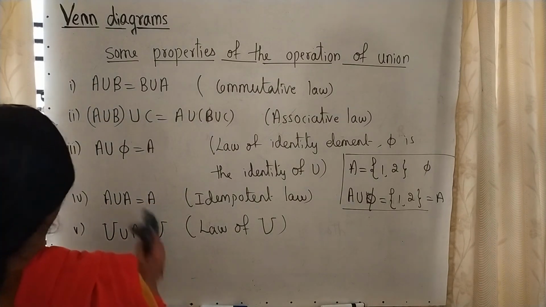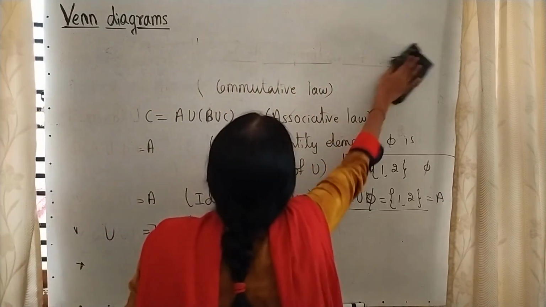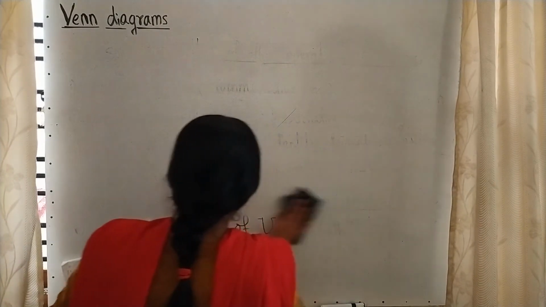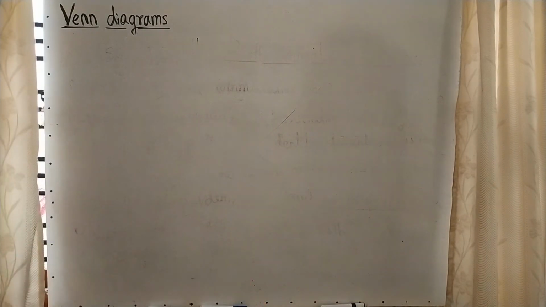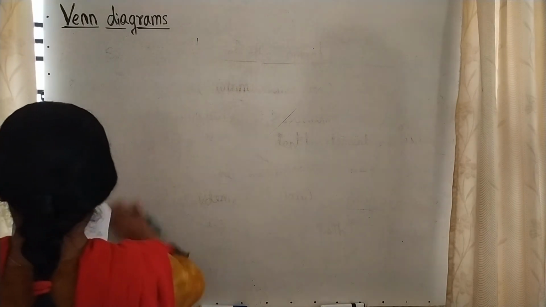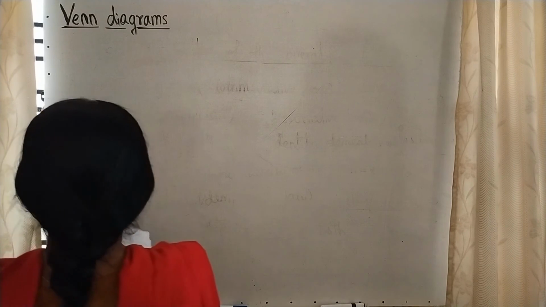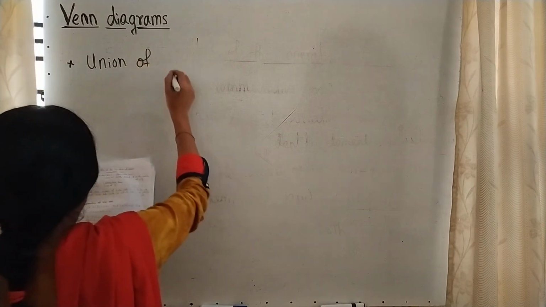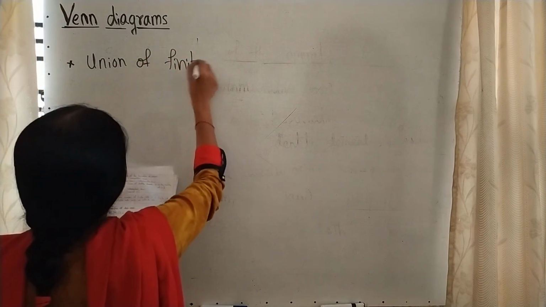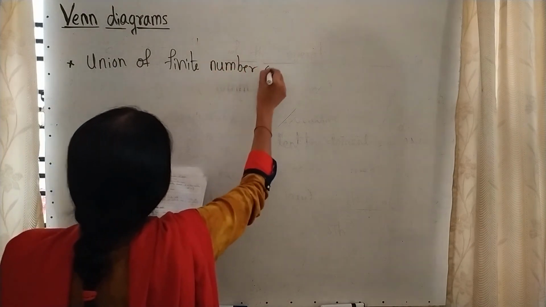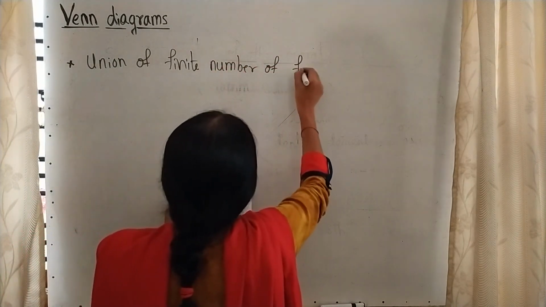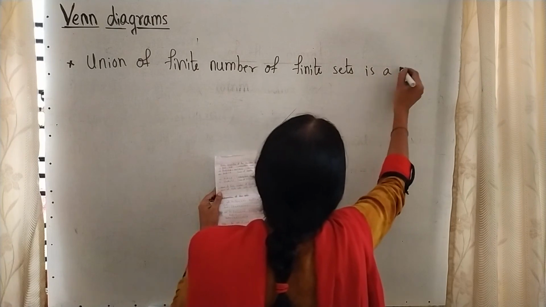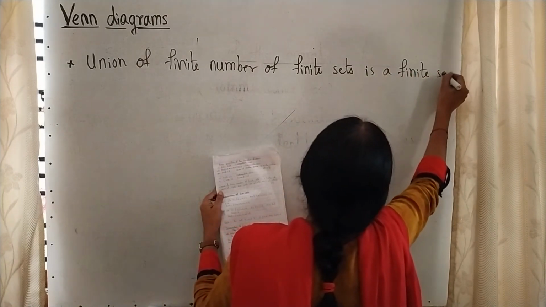Now two important points. The next two important points are: union of finite number of finite sets is a finite set.